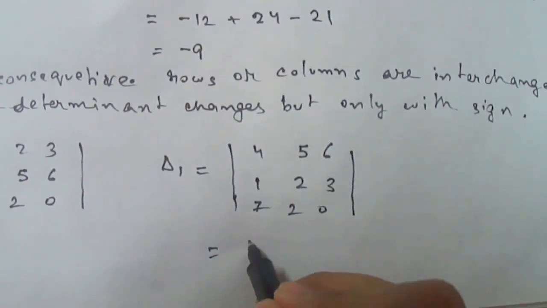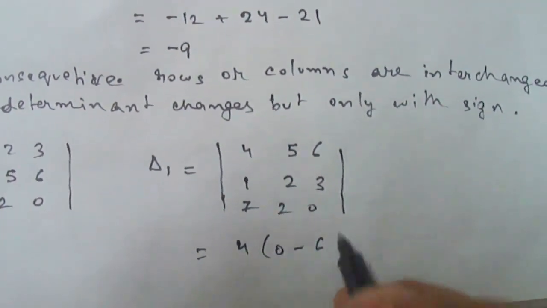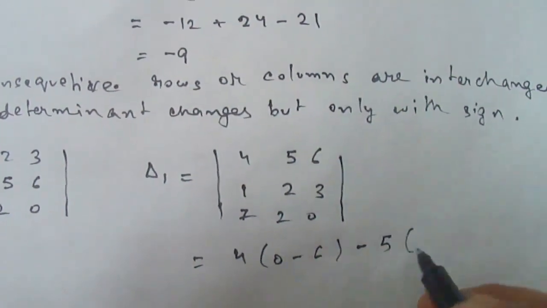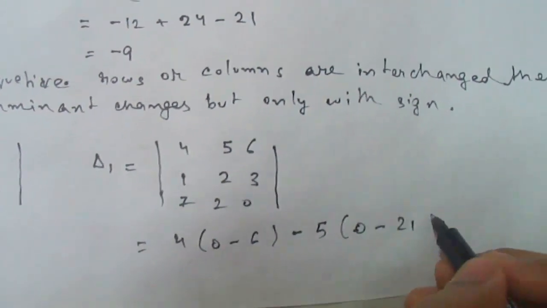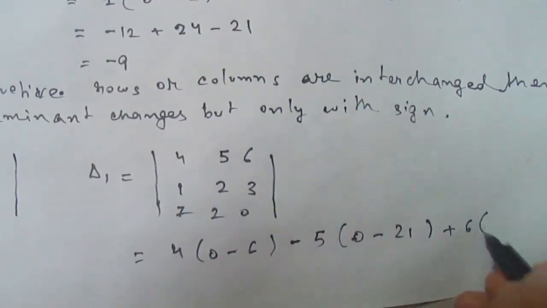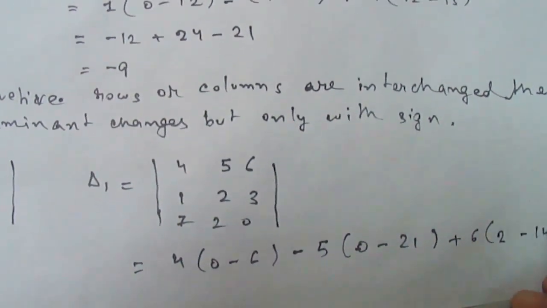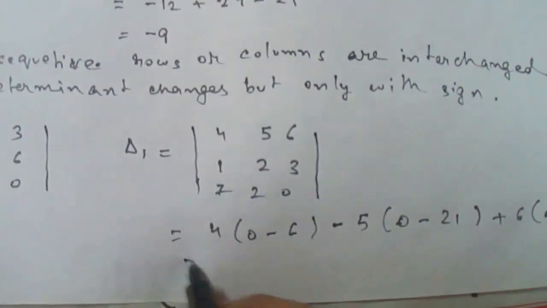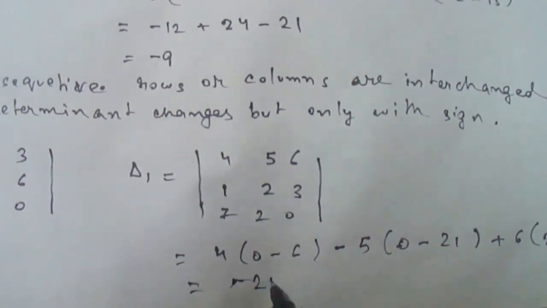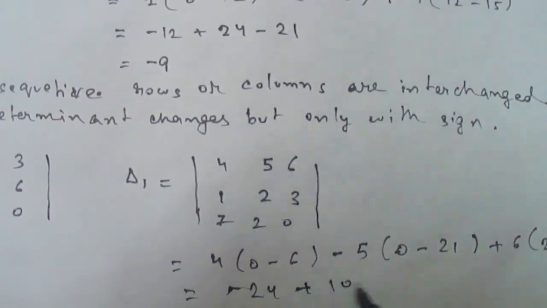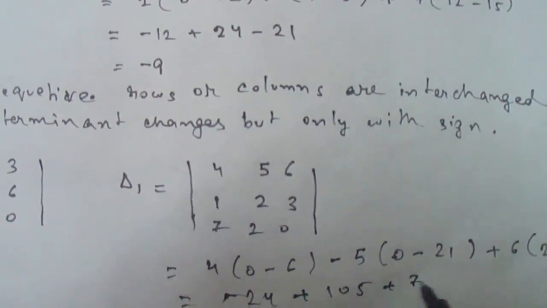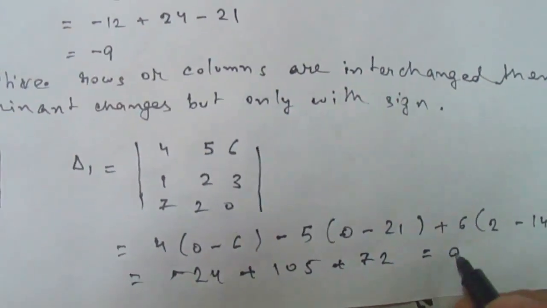So now we get the value of this determinant. This will be 4 times (0 minus 6), minus 5 times (0 minus 21), plus 6 times (2 minus 14). This will be minus 24 plus 105 minus 72. This is equal to 9.